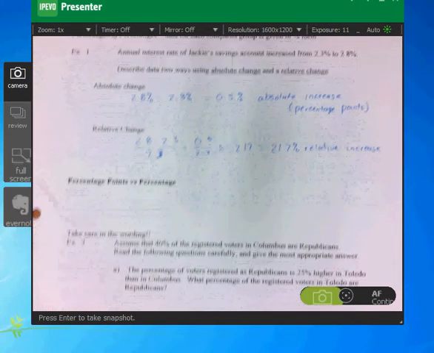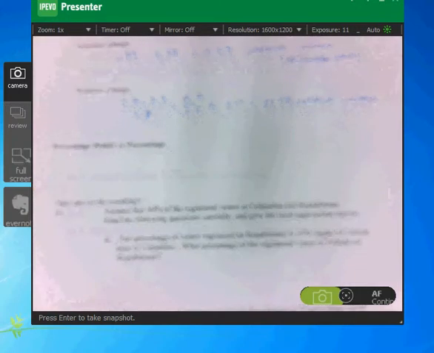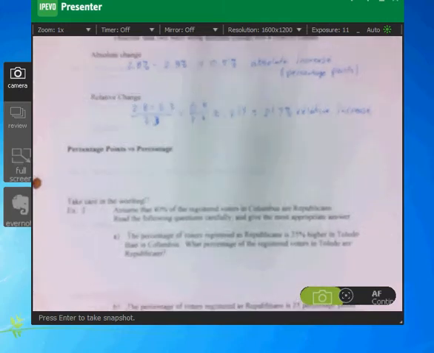So let's just jump into some examples here. This is where it continues in the book, and I believe this one is almost exact. Maybe it's going to focus. There we go.